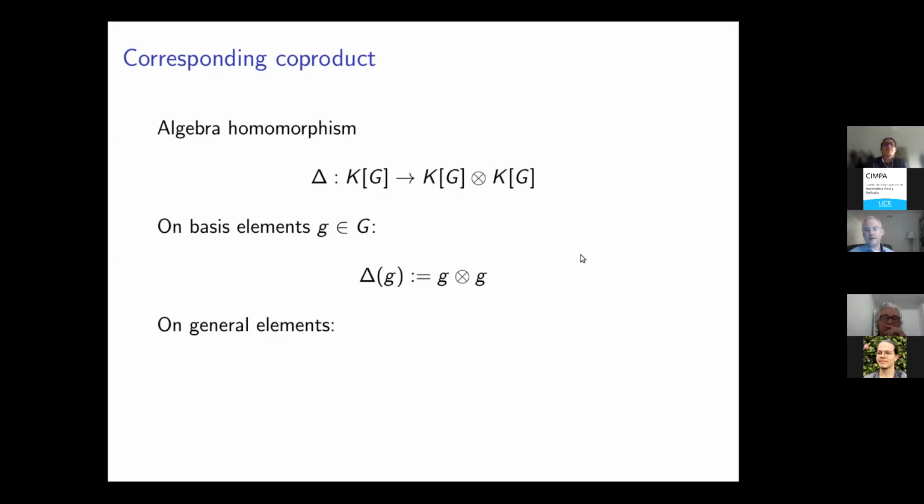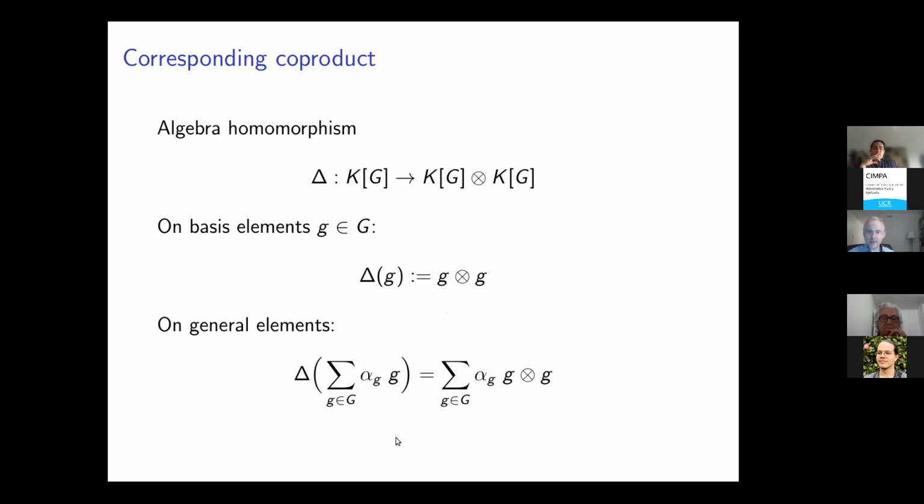So this definition reproduces on the basis elements the recipe for forming the tensor product of group representations that I had on the first slide. And on general elements, this has to be an algebra homomorphism. So it has to be defined like this.